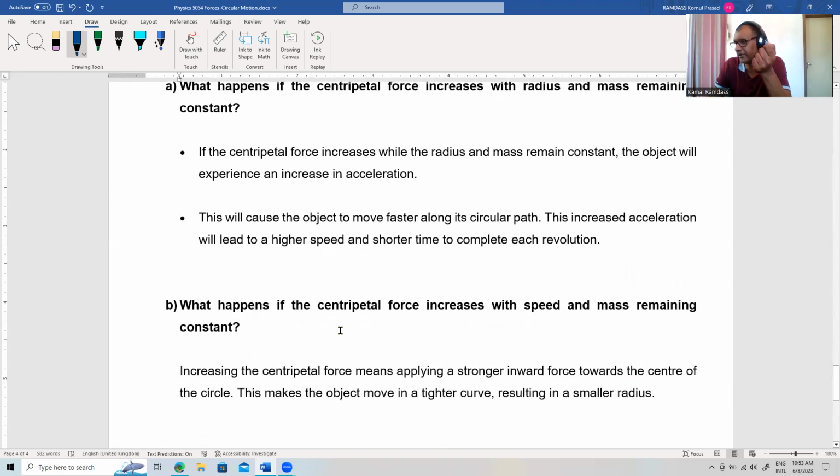Deuxièmement, nous avons what happens if the centripetal force increases et speed and mass remain constant. OK? Ça veut dire le facteur qui reste, c'est radius. Et nous trouvons que plus grosse la force, pour make tighter curve, et tighter curve will decrease the radius. OK? Resulting in a smaller radius.